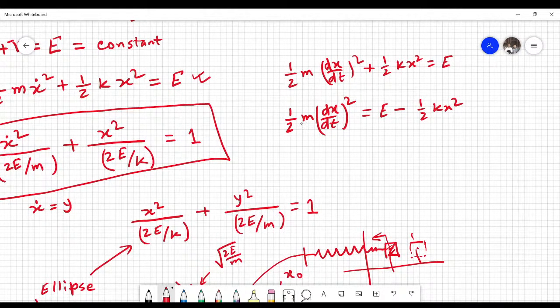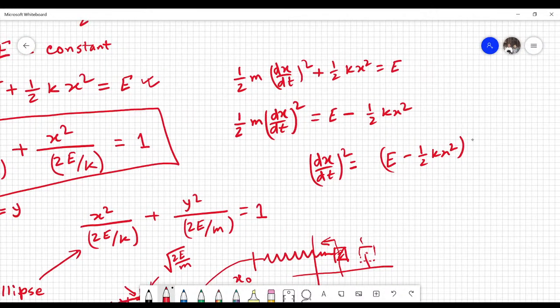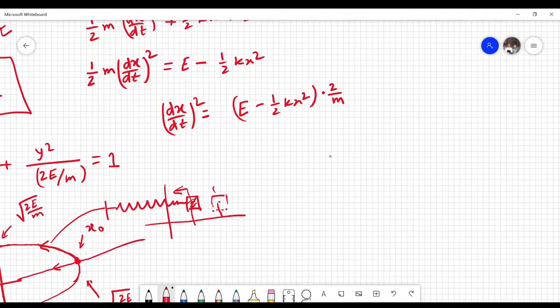Then multiply the whole thing by 2 and divide by m, so you get (dx over dt) whole squared equals 2 by m multiplied by (E minus half k x squared). Now you can take the square root and get square root of 2 by m multiplied by (E minus half k x squared).